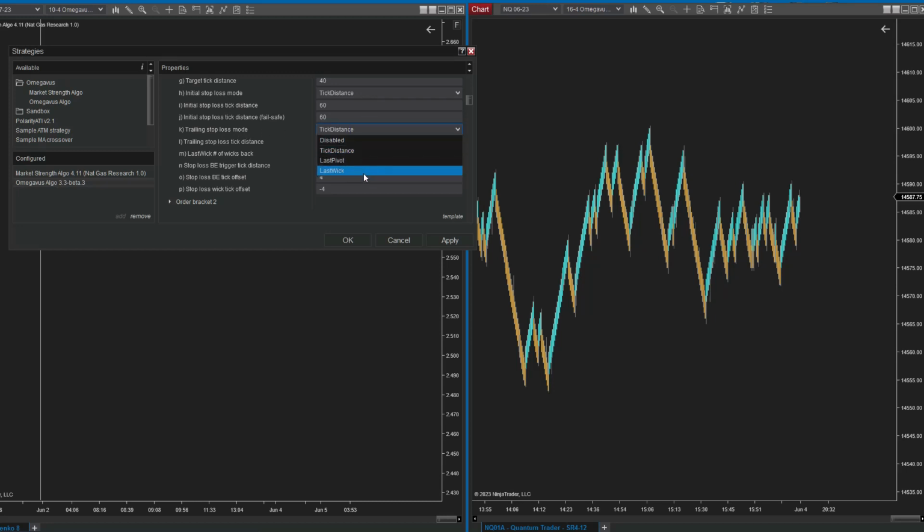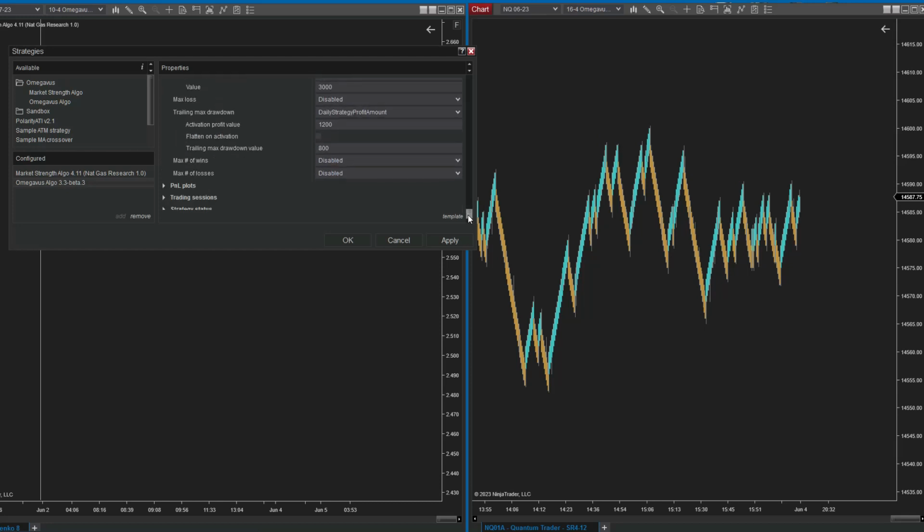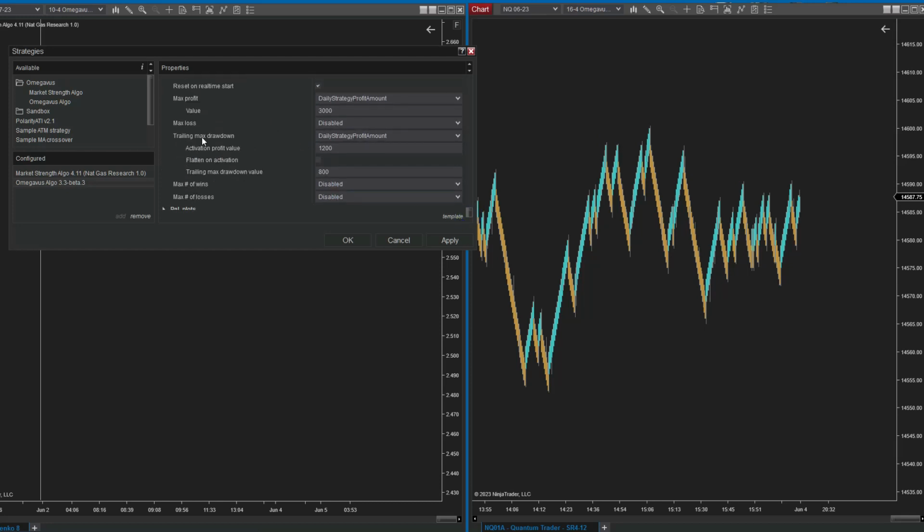So it will have that mode, I don't know what the name of it is, trailing max drawdown. Have a trailing max drawdown but independently on each one of the brackets, so that we can treat each trade completely independent.